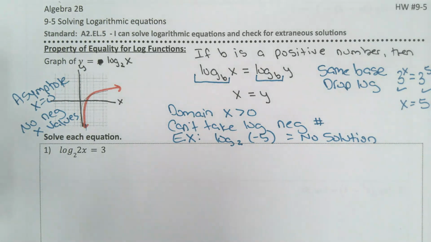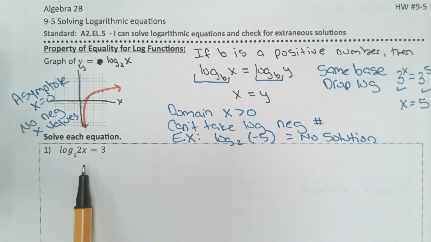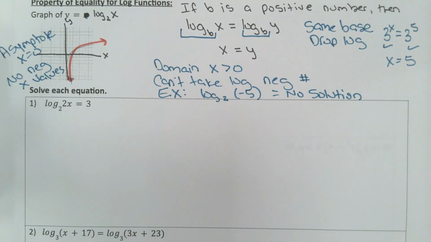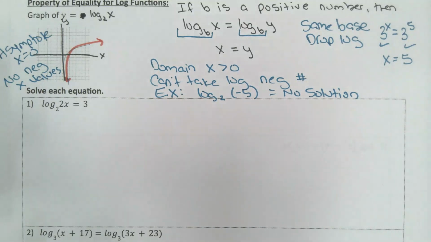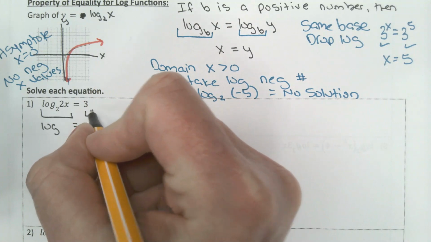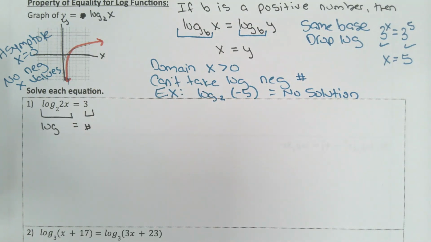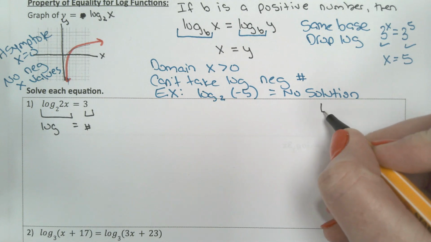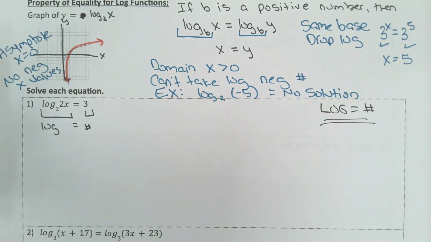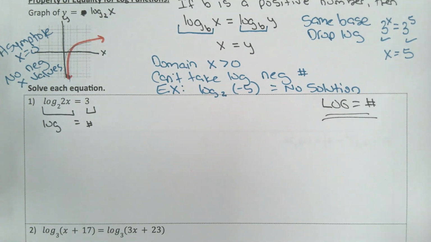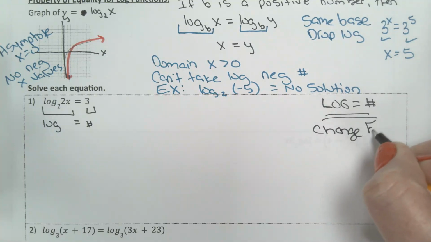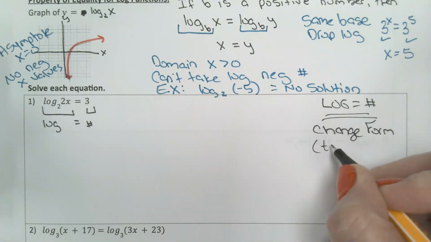All right, so I want to solve this equation: log base 2 of 2x equals 3. You're going to have a couple of different scenarios. Right here, we have the log equals a number. Anytime this is your setup, what you're going to do is change form.